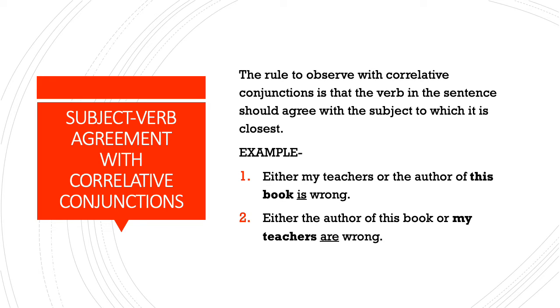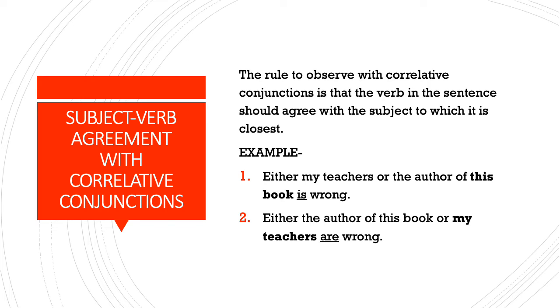What is the rule? The verb in the sentence should agree with the subject to which it is closest. So "is" is closest to author. It is far away from teachers. Hence the verb, it is closer to author. Author is singular. Hence I am using a singular verb. Similarly in the next sentence, see, now author is far.